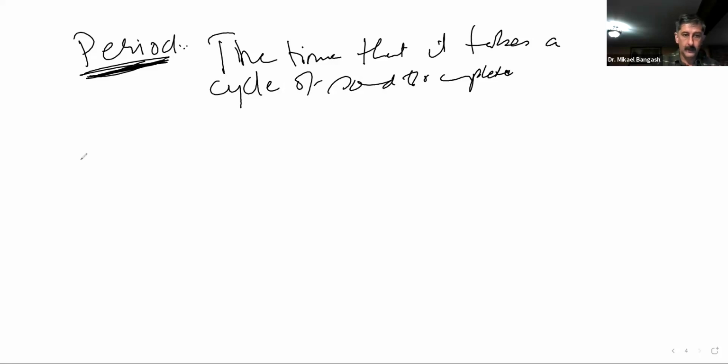Now this cycle here you can also call a wave. And guys, theoretically, a wave or a cycle is going to be like this. This is one complete cycle where you can say we have a peak and we have a trough.